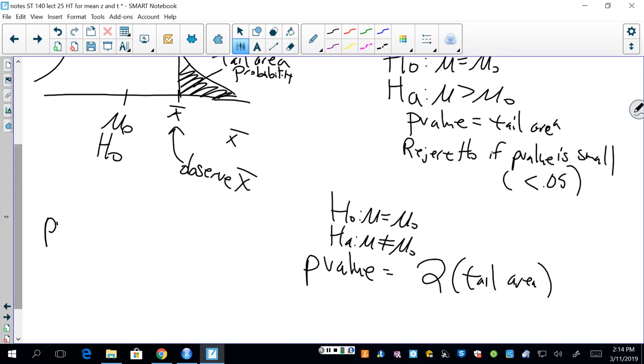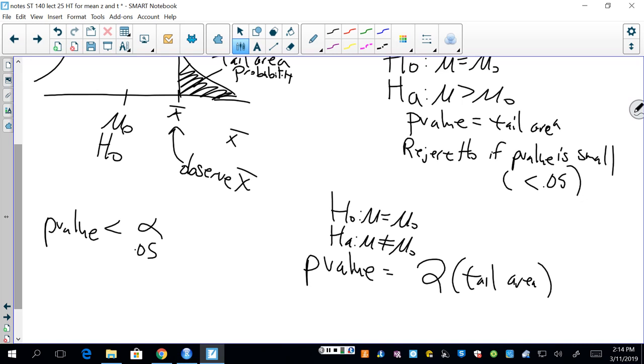So again, if the p-value is less than alpha, like 0.05, then how do you get a small p-value? You get a small tail area. That means x bar has to be farther away. X bar far away, big t statistic, because x bar minus mu sub 0 is big, or p-value really small.